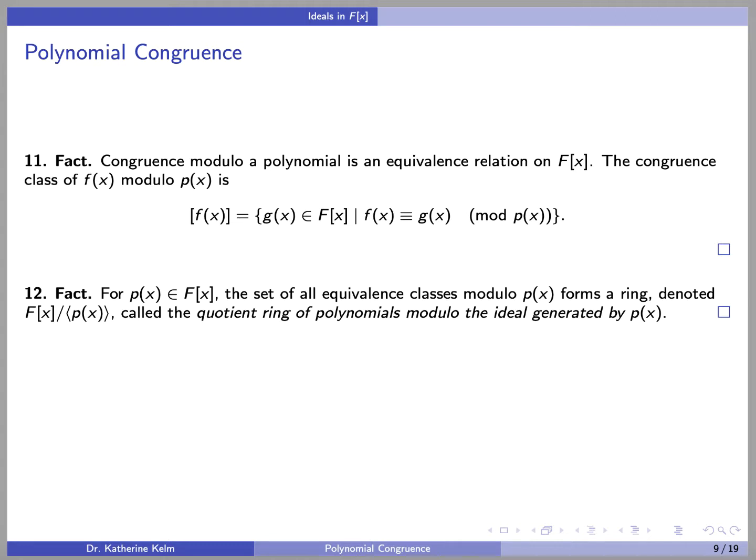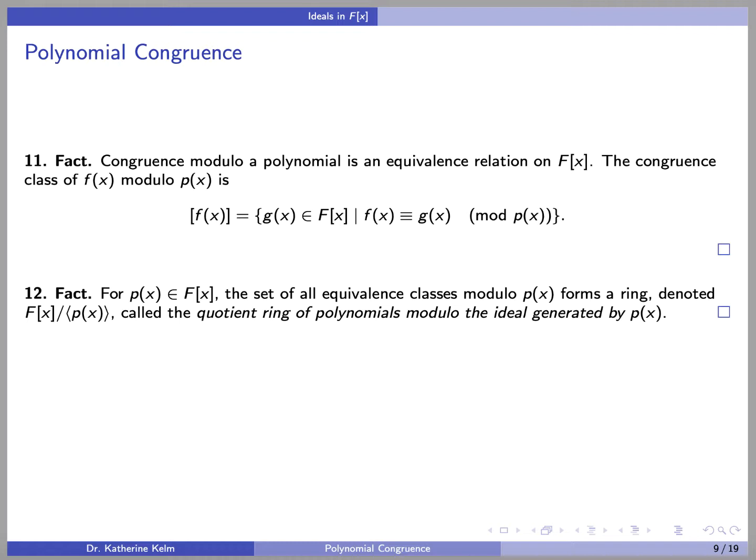Item 11, fact. Congruence modulo a polynomial is an equivalence relation on the ring of polynomials with coefficients in a field F. So we can work with congruence classes. The congruence class of f of x modulo p of x is the set of all polynomials that are congruent to f of x, mod p of x.